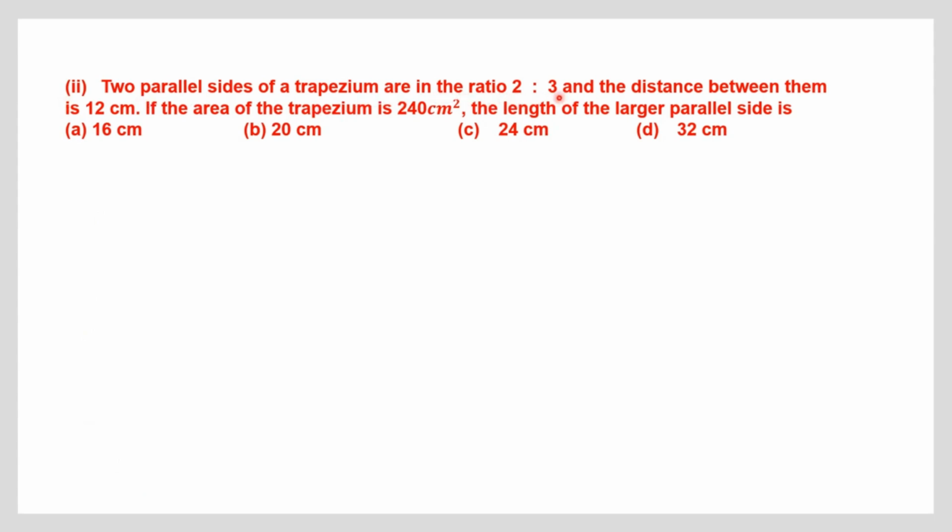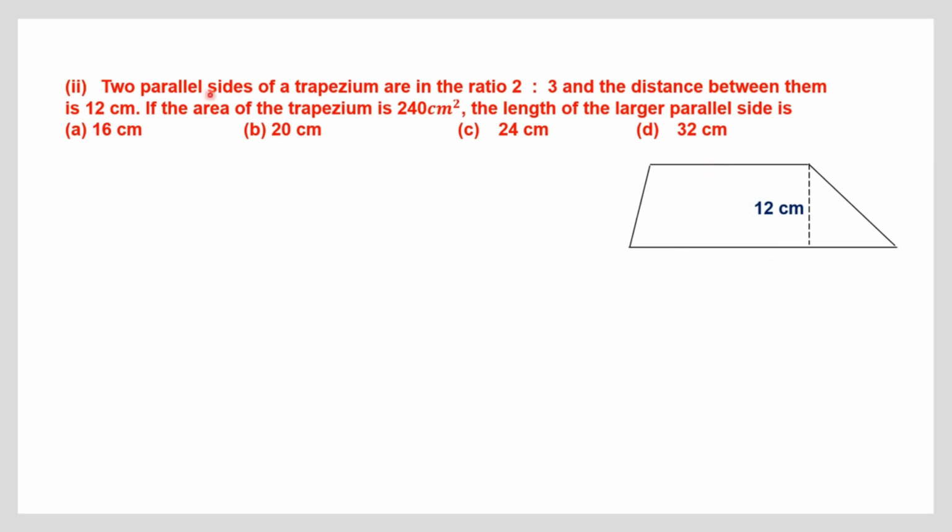So now we are not given the actual measurement, we are only given the ratio of the two parallel sides. And the distance between them is 12 centimeters. If the area of the trapezium is 240 centimeters, what is the length of the larger parallel side? So as we know, this is a trapezium. It is a quadrilateral in which one pair of sides will be parallel.